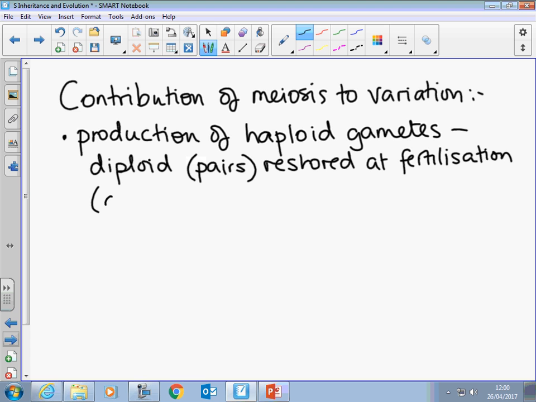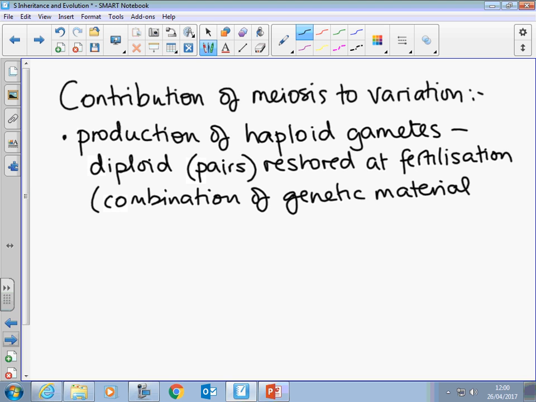And what that is, of course, is combination of genetic material from two parents. So that's one thing, the fact that meiosis produces these haploid cells. You know, it's only giving the child half of your genetic information. Your child doesn't get the other half of your genetic information. Similarly, with the child's other parent, it only gets half of that.